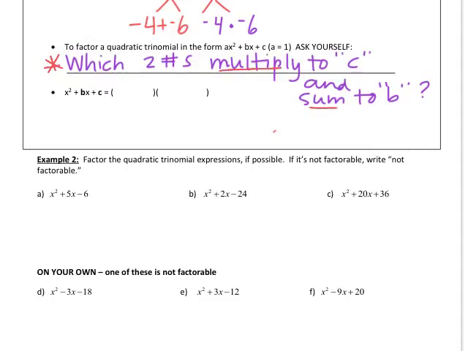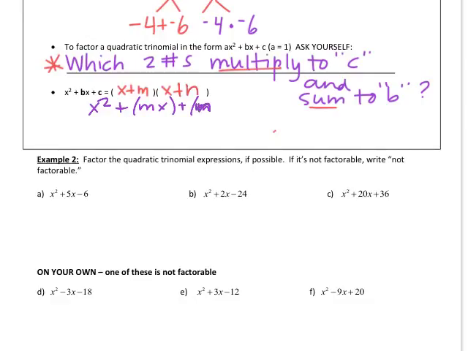All right, so if we write this out to the two binomials, we're looking for two values, m and n, that multiply to our number C and sum to our number for B. So if I was to FOIL this out, the x plus m times x plus n, I would end up with x squared plus, and we saw this on a video from Khan Academy if you were in class a couple of days ago.